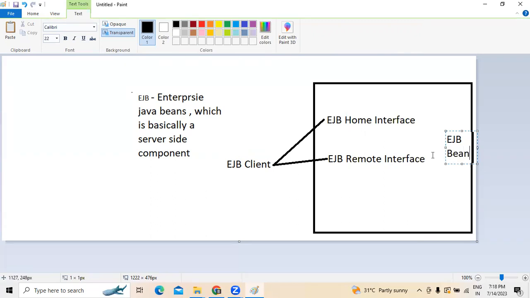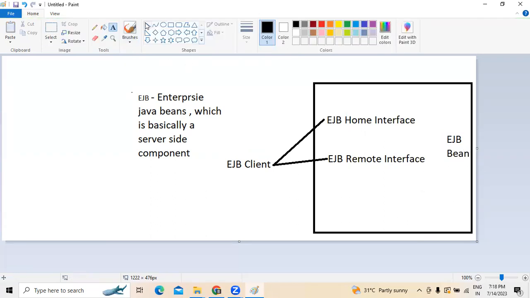Right? So this is what we generally call the EJB bean, where this application will be connected. This is how this EJB connects and what it is used for.